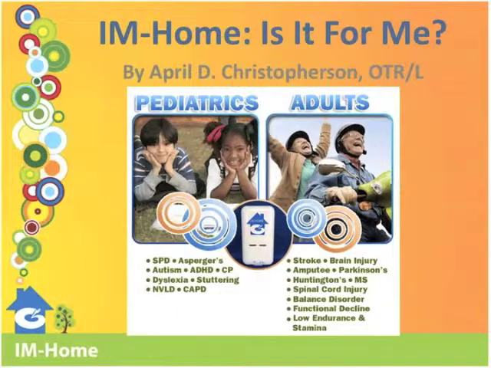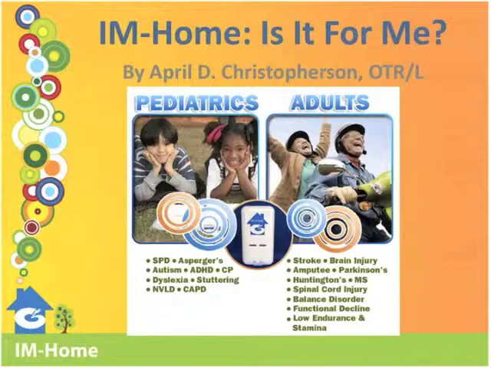Interactive Metronome is suitable for a variety of diagnoses for both pediatrics and adults. As you see on the first slide, there are several diagnoses listed: sensory processing disorder, Asperger's, autism, ADHD, cerebral palsy, dyslexia, stuttering, nonverbal learning disability, and others such as auditory processing disorder, for both pediatrics and adults.